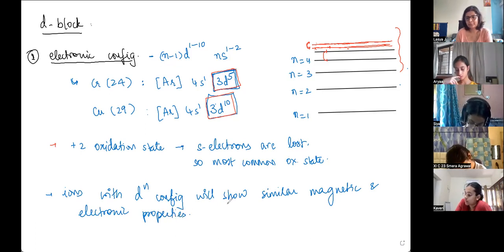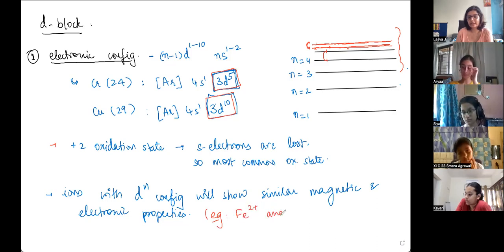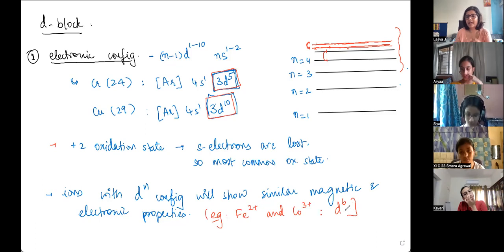Because their electronic configurations are the same, their magnetic moments will be the same. What this means is, for example, if you have Fe2+ and Co3+, both end up with d6 configuration. So the magnetic moments, anything related to their electronic configuration, like transition of electrons and all of that, will be similar. Okay.